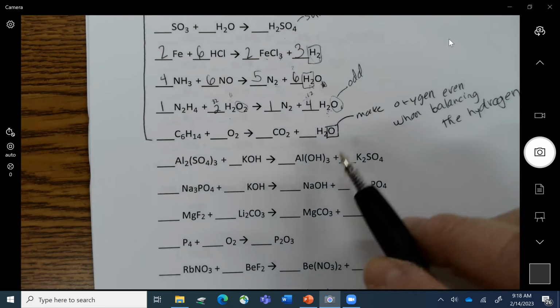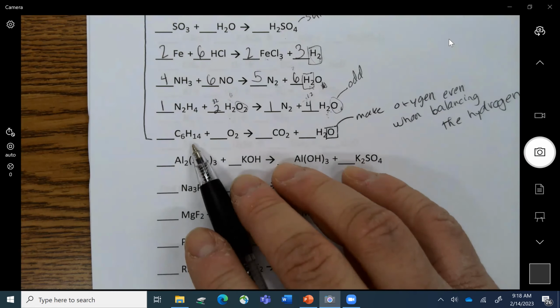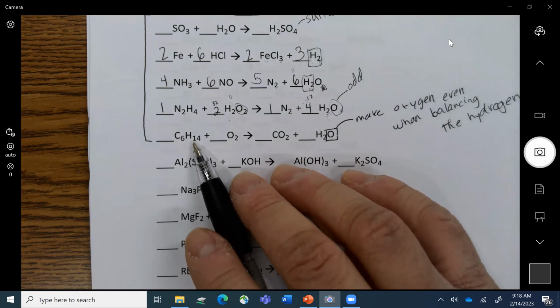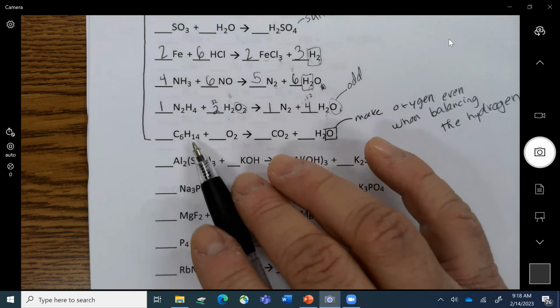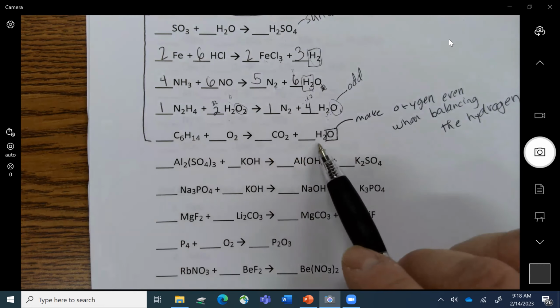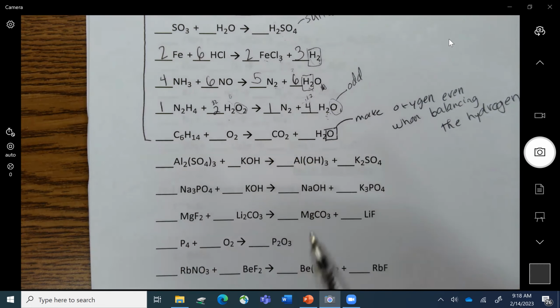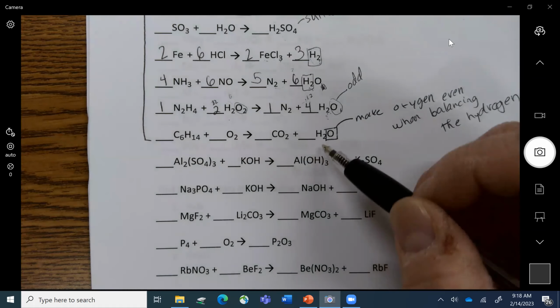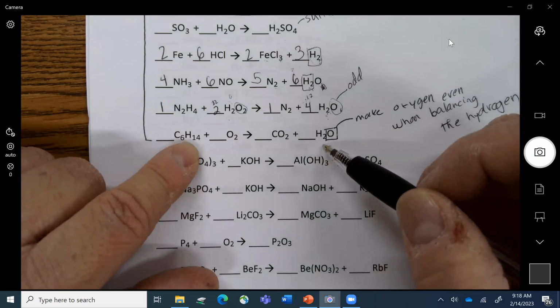All right. So what I mean by this is, look here. How many hydrogens do you have? In organic compounds, especially in this type of reaction, combustion, the hydrogen is almost 100% an even number. The hydrogen over here is also an even number. So I make oxygen even when balancing the hydrogen. How would I get 14 hydrogen over here?